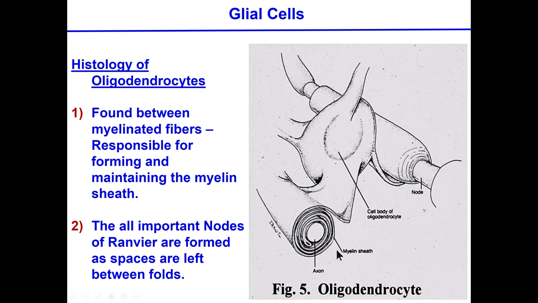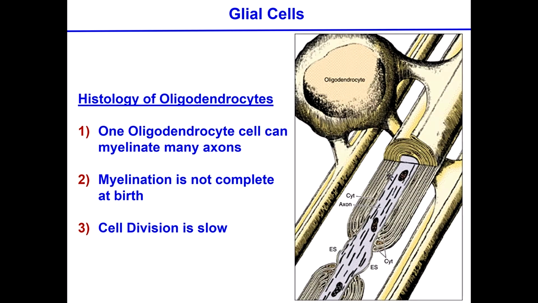They also leave spaces, creating the nodes of Ranvier. So the overall structure remains the same. The difference is that one type of cell works in the peripheral nervous system, the other one works in the central nervous system. This is a cell that can myelinate many axons, as I said before.